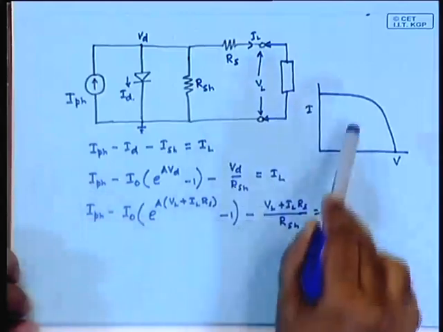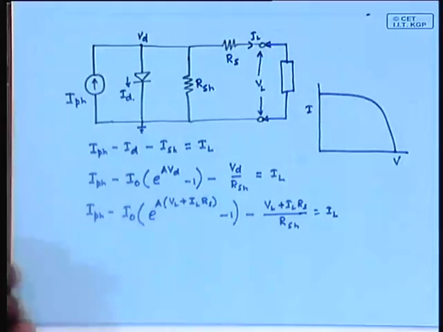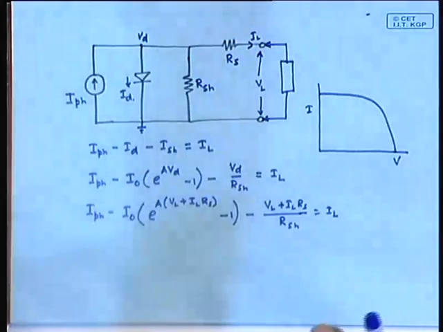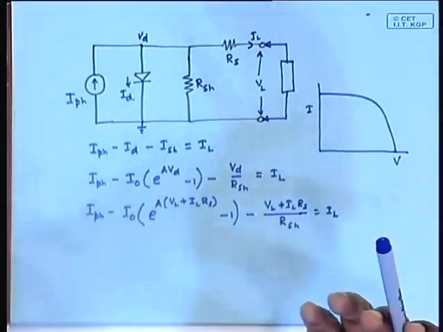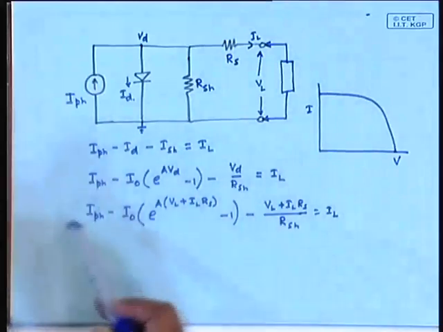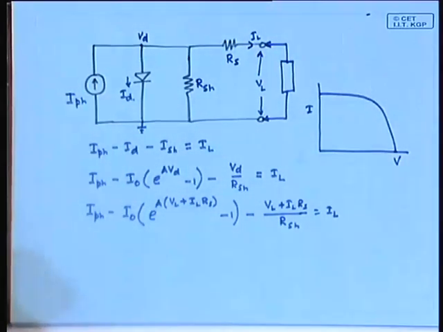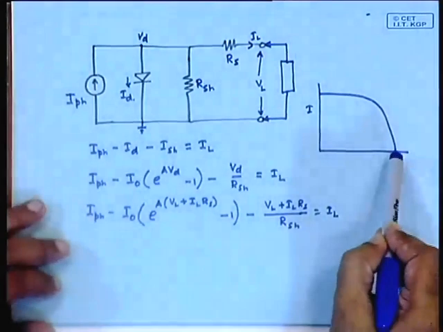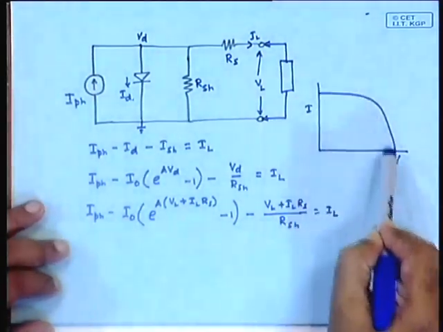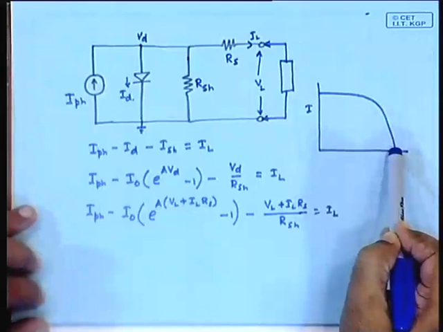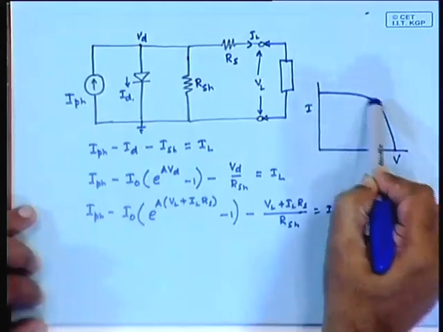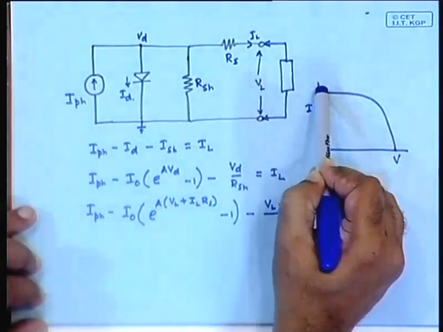Here is the equation that ultimately leads to this curve. Okay. If I ask you where is the effect of RS manifested, can you tell from the equation? From common sense, as you go on this curve, what is happening? Here is the high value of the voltage and low value of the current, and here is the low value of the voltage and high value of the current.